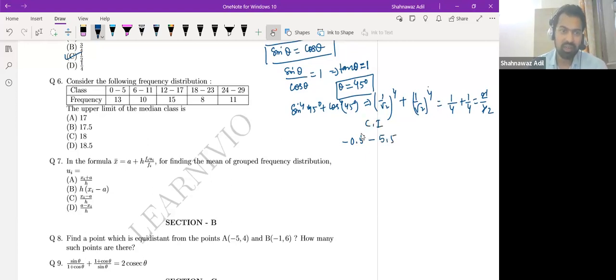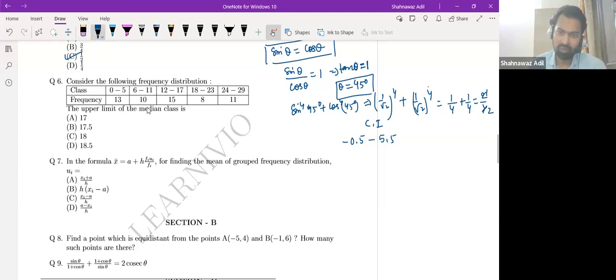Whenever we write the frequency and then sum all those frequencies, that is the cumulative frequency, right? Some of you guys have written this as the frequency, but this is a cumulative frequency, whenever we add these frequencies.